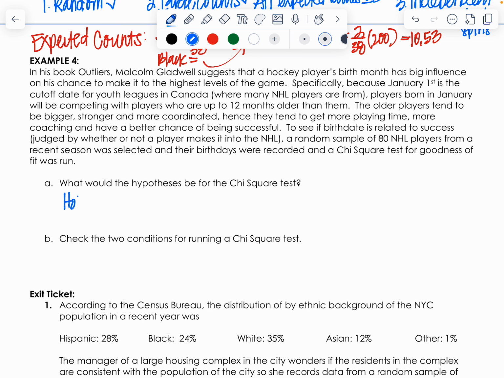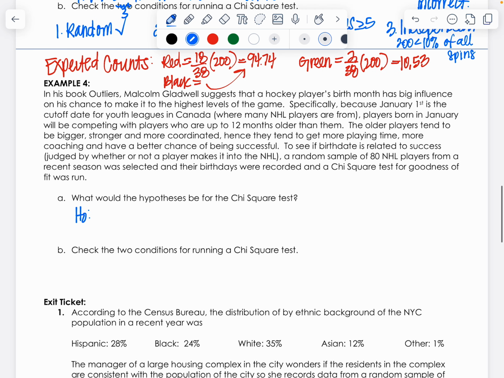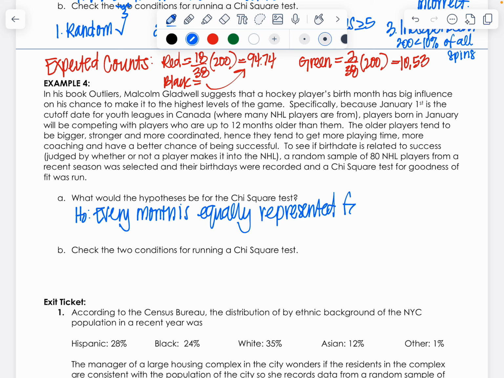So our null hypothesis would say every month is equally represented for birth months of NHL players.